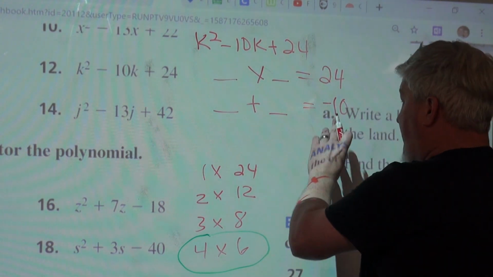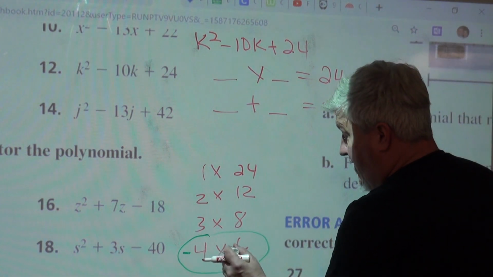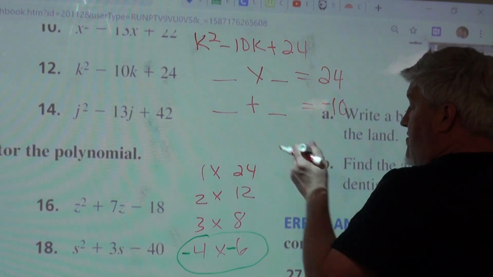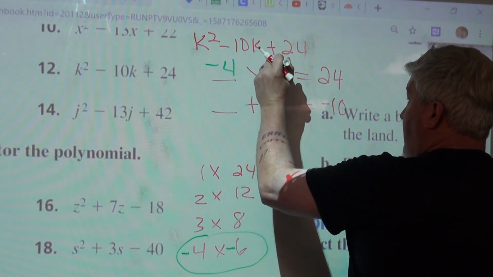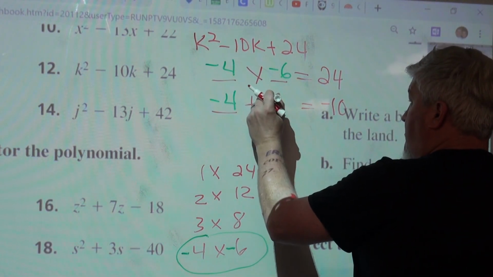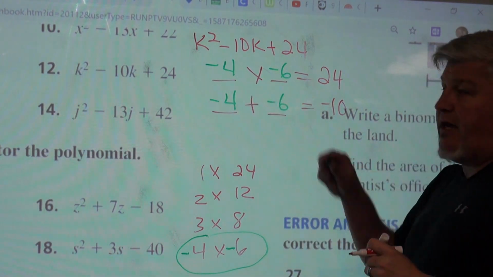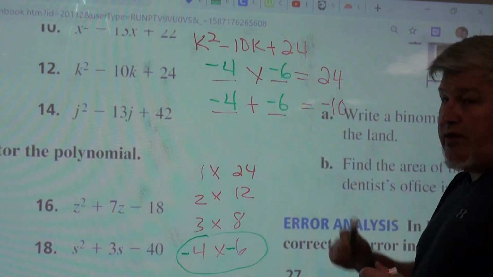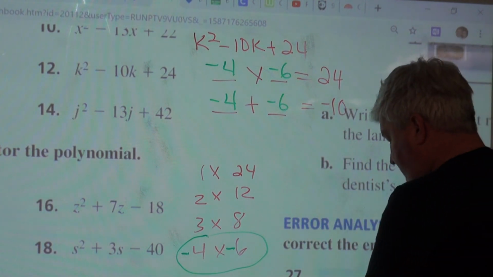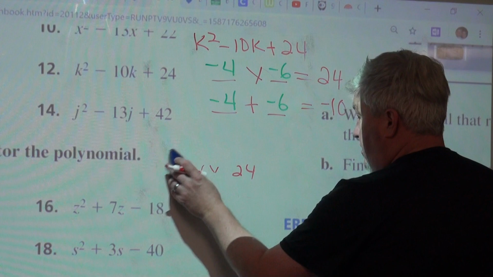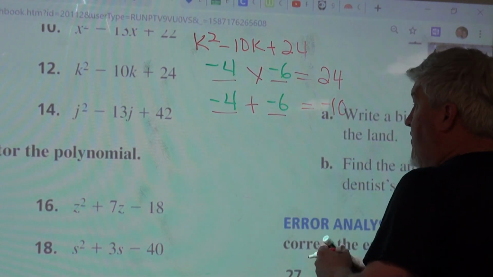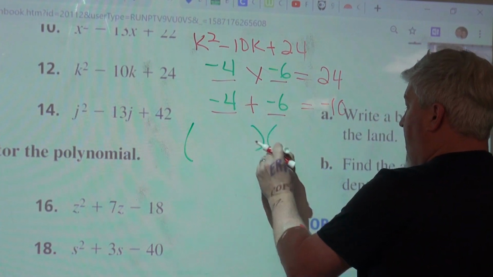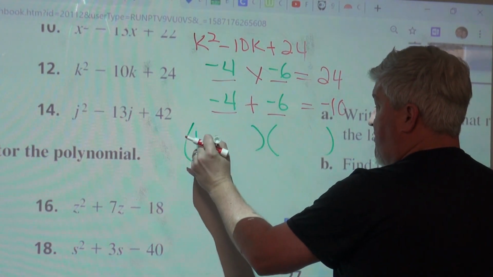But if you remember that we have to make it a negative 10, add the negative sign to both. Okay, so it looks like this. Negative 4 and negative 6. Because obviously, if you recall, when you multiply 2 negatives together, you get a positive 24. When you add 2 negatives together, it becomes more negative, to a negative 10.